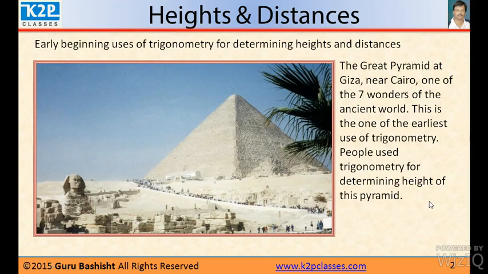Early beginnings: uses of trigonometry for determining heights and distances. The Great Pyramid at Giza near Cairo, one of the seven wonders of the ancient world, is one of the earliest uses of trigonometry. People used trigonometry for determining the height of the pyramid.